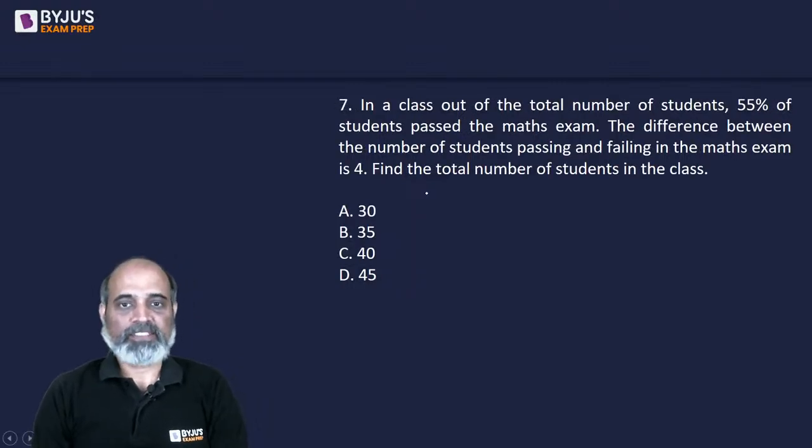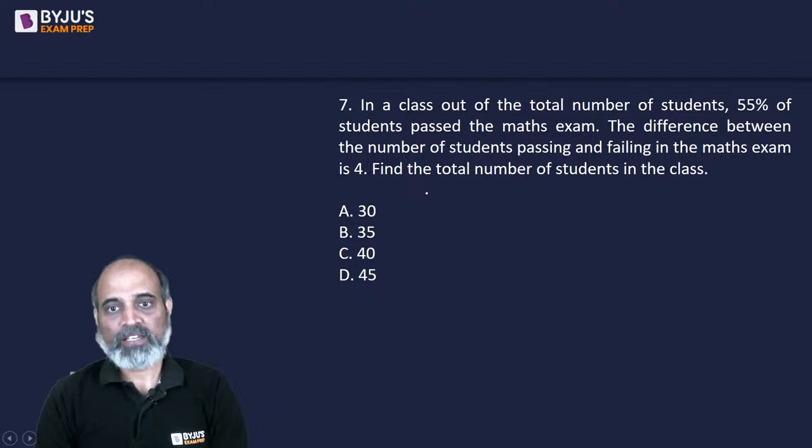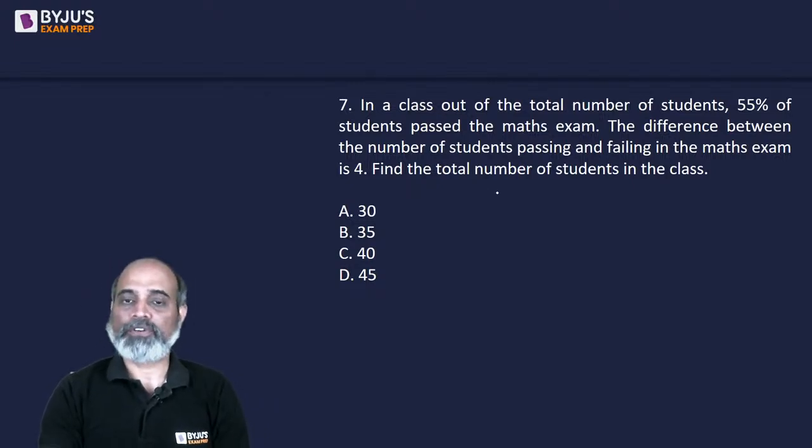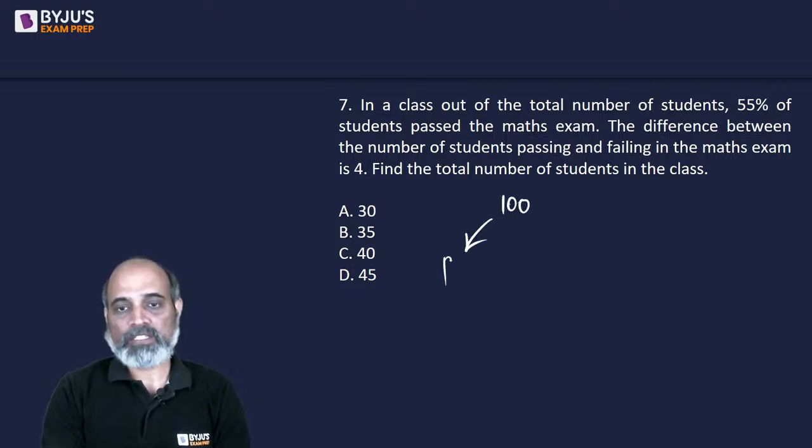Okay, next. In a class out of a total number of students, 55% of the students pass the maths exam. The difference between the number of students passing and failing in the maths exam is 4. So suppose there are 100 students, out of these 100 students, the number of students who pass the exam is 55%.